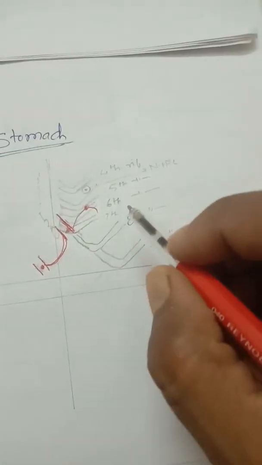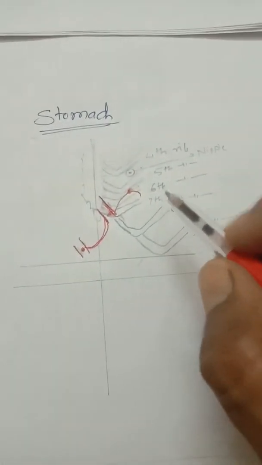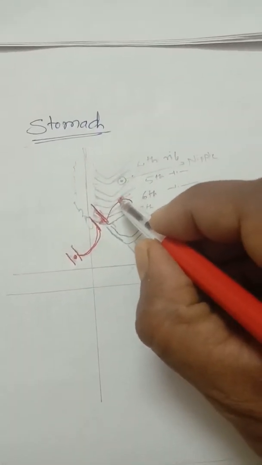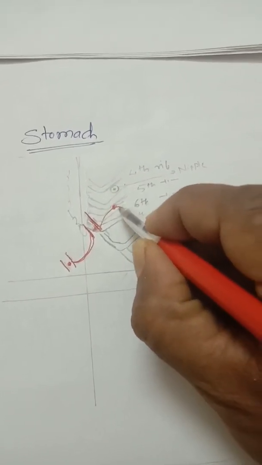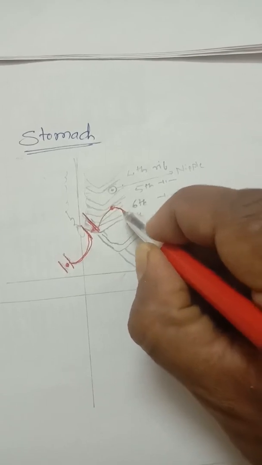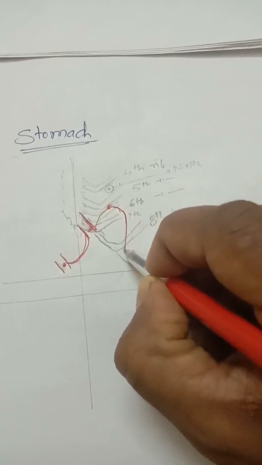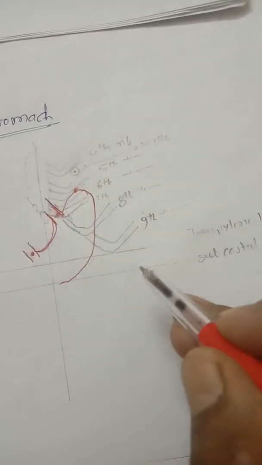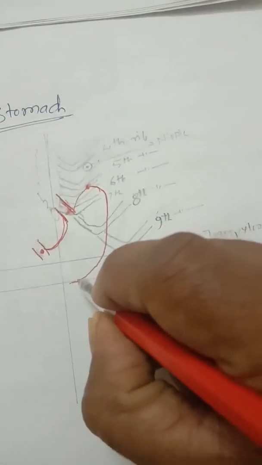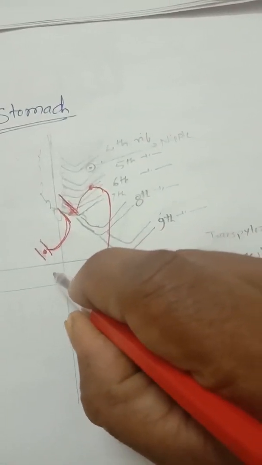Then to draw the greater curvature of the stomach, continue this line as a convex line which should intersect the subcostal plane. Here you can see the line called the subcostal plane, and the convex line is then attached to the lateral margin of the pyloric end.